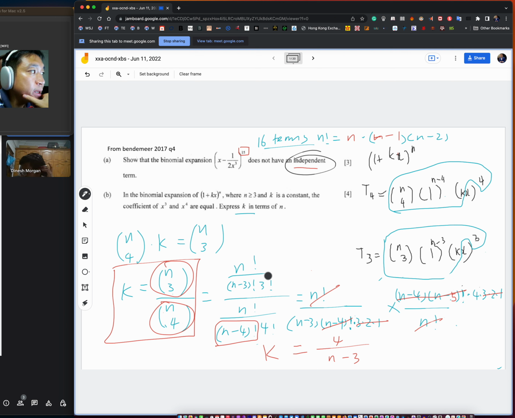So there is no independent term. How I proved it to you: in order to get the independent term, x to the power of 0, our a will be 3.75, right? 3.75 is not a whole number, and a must be a whole number in order to be valid, right? So since a is not a whole number, a is not valid, so therefore we can't get the x to the power 0 term, right?